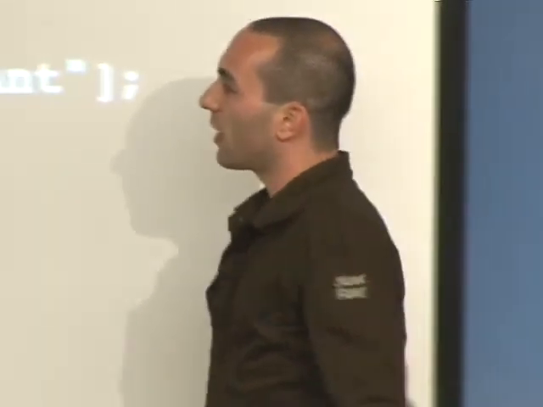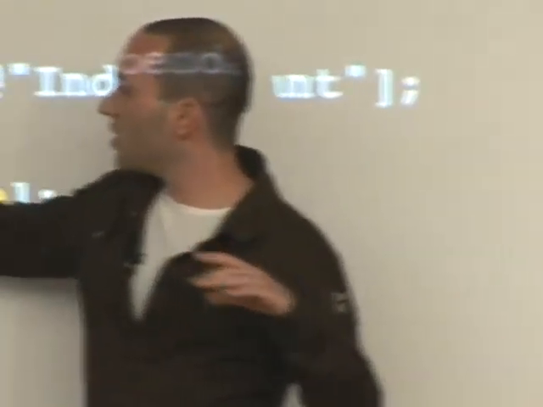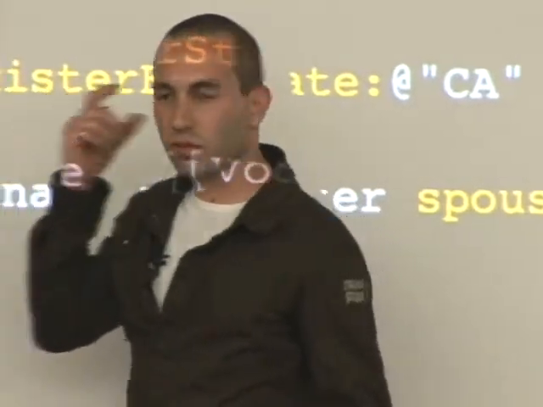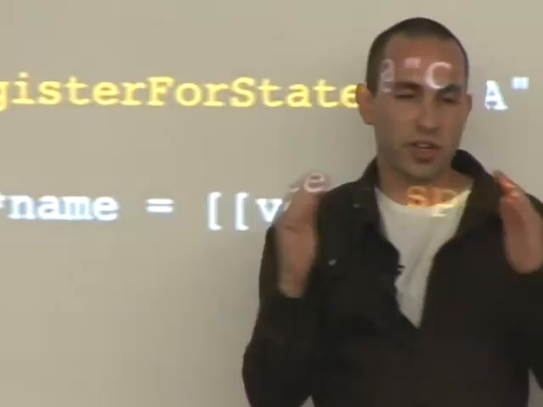We don't return anything here. Following that, we have the name, register for state, colon, followed by brackets for the type. In this case, it would be NSString, and then we have the name of the variable. Then we have party, colon, and then NSString, and then the name of the variable. So essentially, you start with the minus if you're an instance method. You have the return type, and then you have the message after that. We'll look at that. There will be plenty of opportunities to explore that.